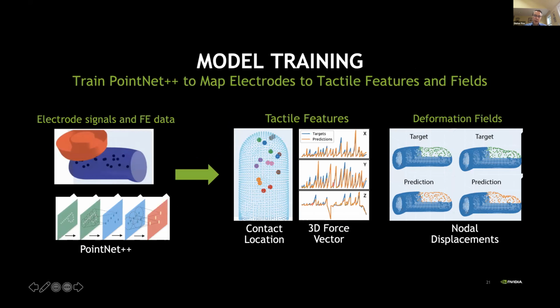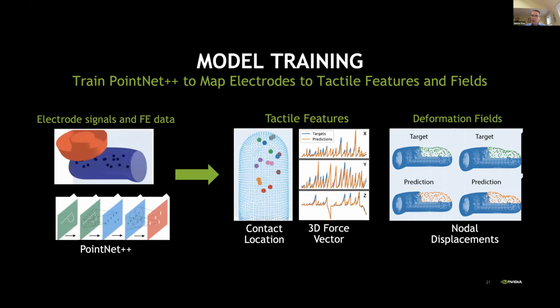But also, what I think has never been done before, we can predict from the electrode measurements the deformation field of the surface of the BioTac sensor itself. And the idea is that hopefully these deformation fields will lend themselves to much better simulations of these contact sensors.